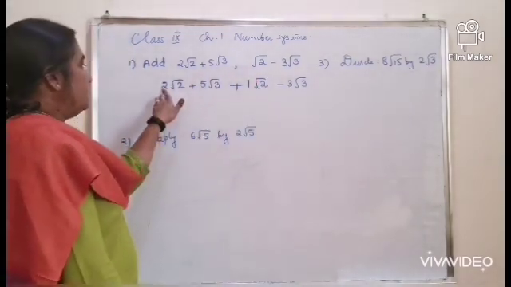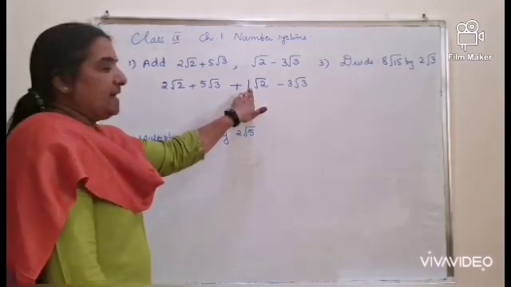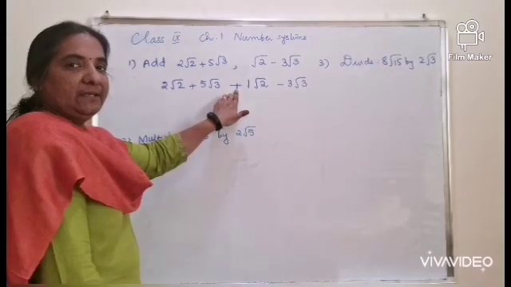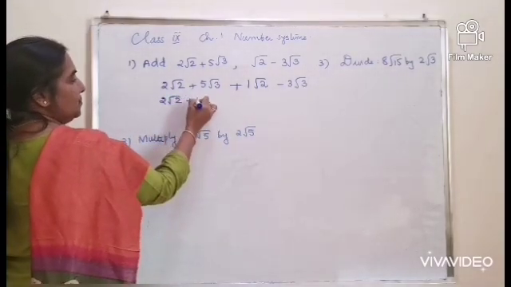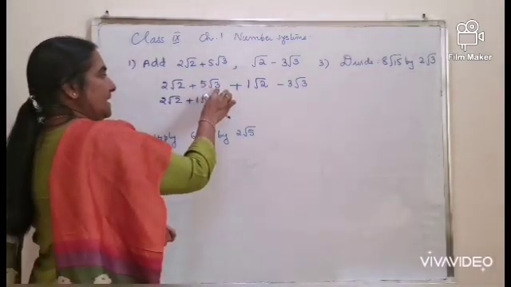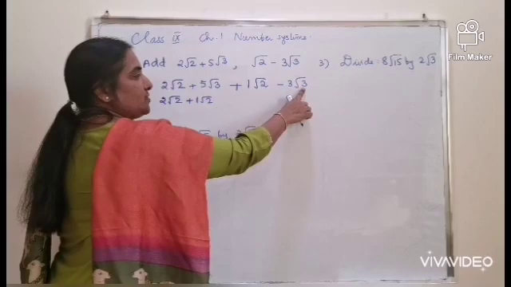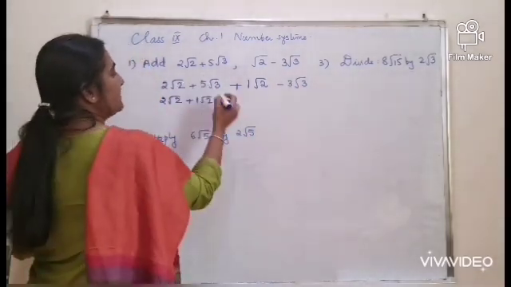Thus, the whole numbers 2 and 1 can be simplified as per the sign. So, if you arrange 2 root 2 plus 1 root 2 together, similarly, root 3 terms are of the same irrational factor.